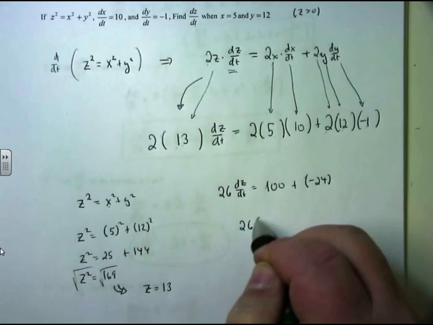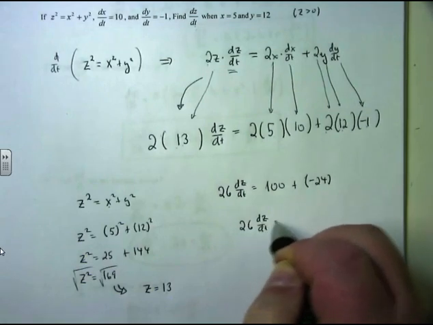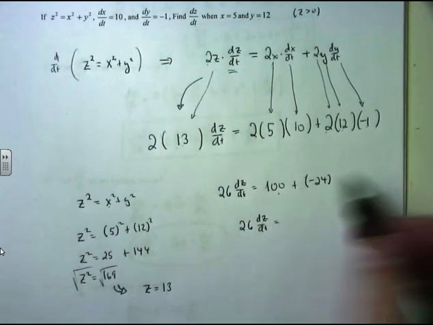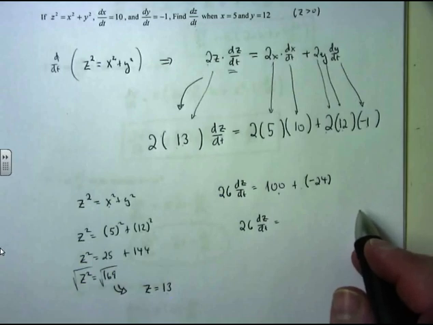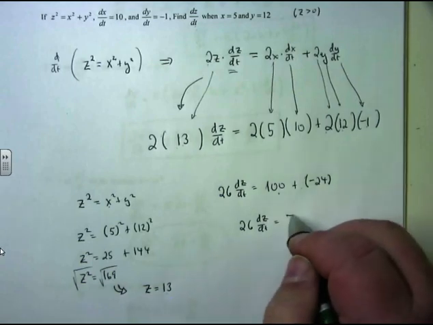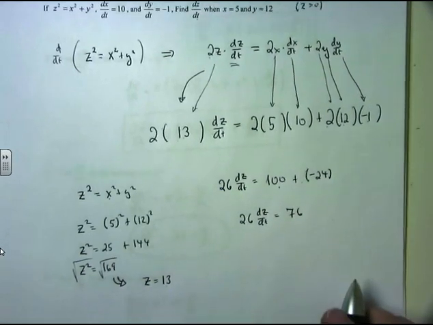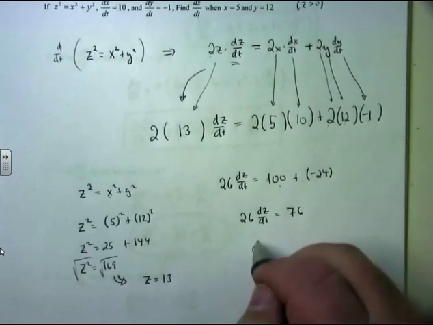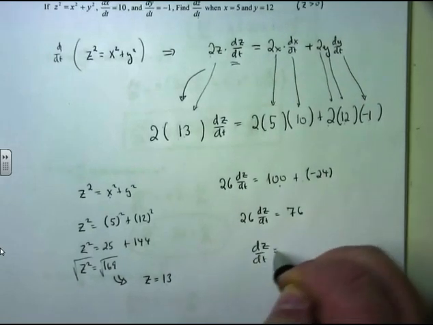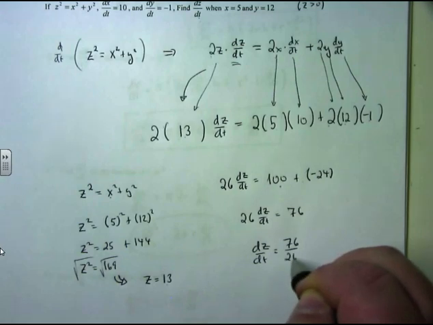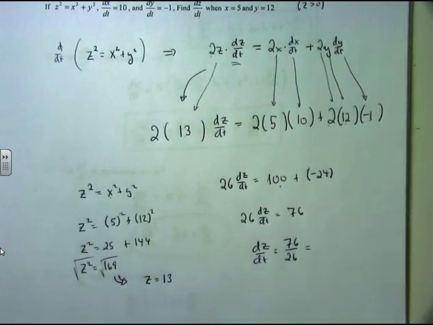So 26 dz/dt would be equal to 100 minus 24, and that would be 76. Then I'm going to divide, so dz/dt would be 76 over 26. We could use our calculator or just reduce it. Reducing it gives me 38/13.